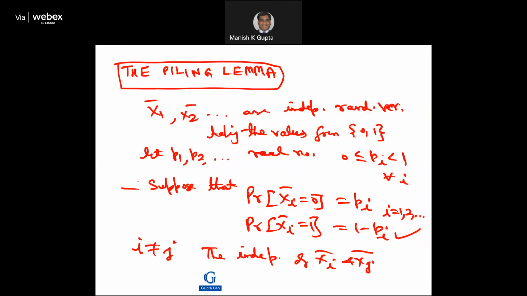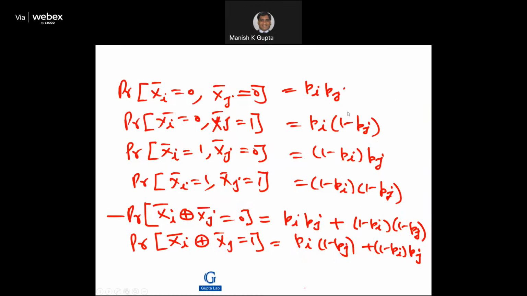So from these things, the probability of xi equal to 0 is pi, and the probability of xi equal to 1 is 1 minus pi, and under this assumption, we will be able to compute these probabilities easily, right? Now I can compute the probability of the sum, xi plus xj equal to 0.